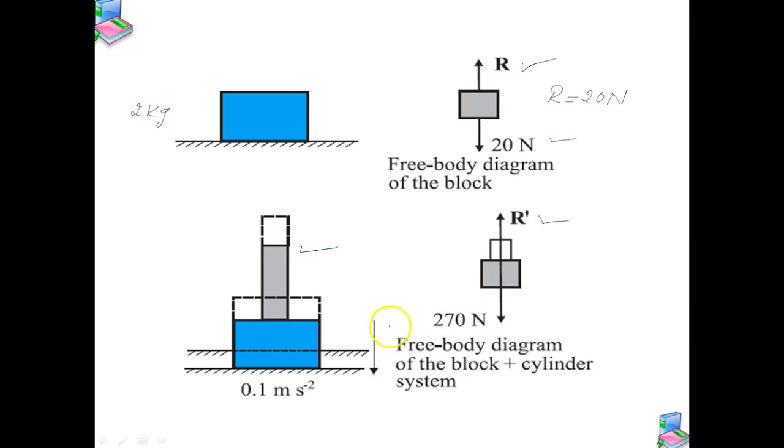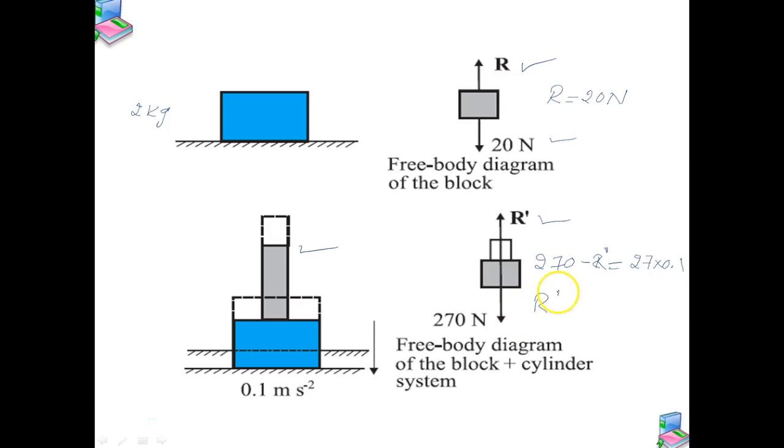So applying the second law for this particular case, we can write 270 minus R dash is equal to 27 into 0.1.